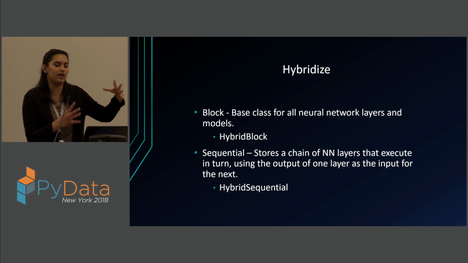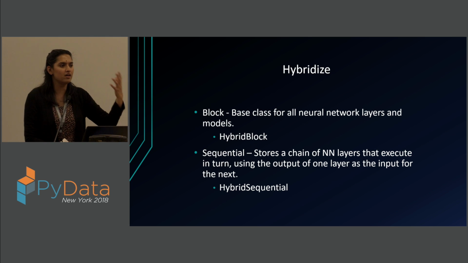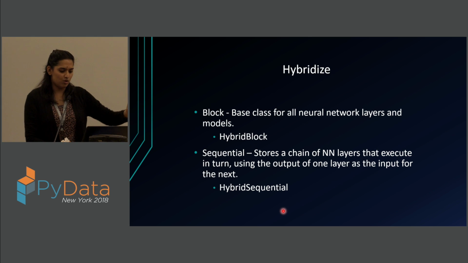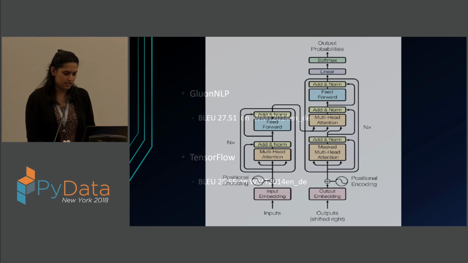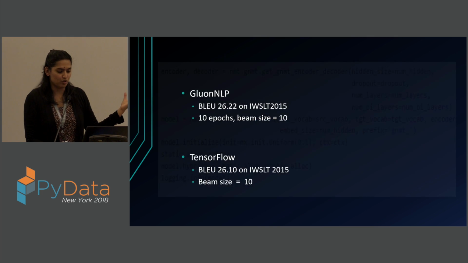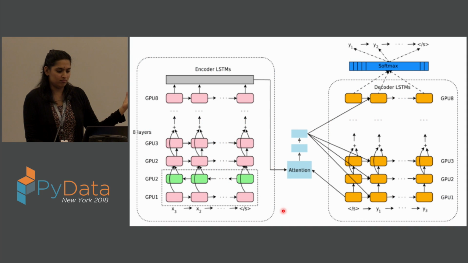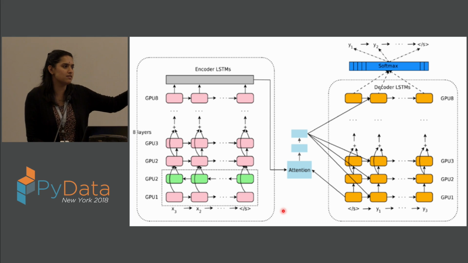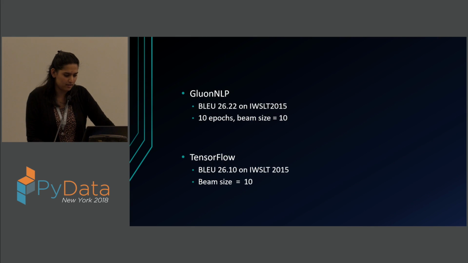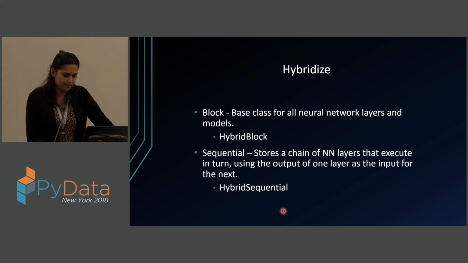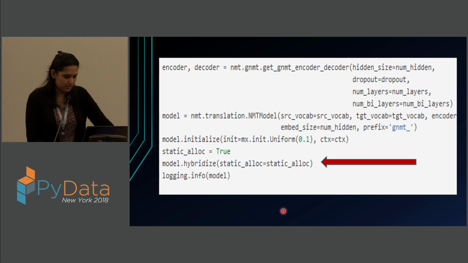So it stores a chain of neural network layers that execute in turn, where the output from the previous layer becomes the input of the next layer. So everything like this, for example, would be a sequential object, or something like this, where you see neural network layers stacked on top of each other is basically an implementation of a sequential layer. Now, the sequential construct is basically right here.